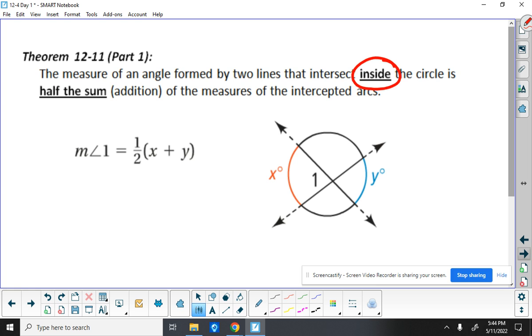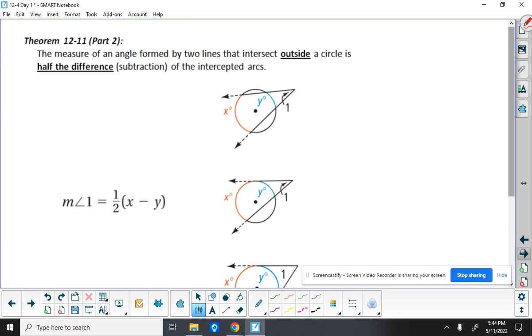The measure of angle 1, which is this one, is equal to 1/2 of x plus y, and x and y are the two intercepted arcs. So it's equal to half the sum of the measures of the intercepted arcs. Add them together, divide it in half.